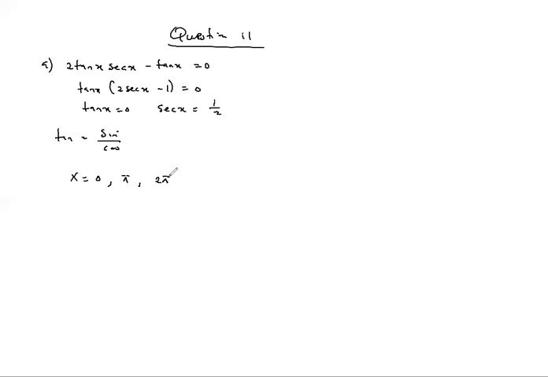Then where sec is half, what is sec? Sec is 1 over cos. Now where this is half, you cross multiply, you get 2 is equal to cos x. And you cannot find this, so that's undefined. We just throw it away. So the solutions will be 0, pi and 2 pi.